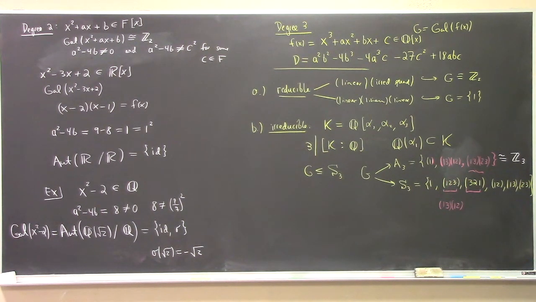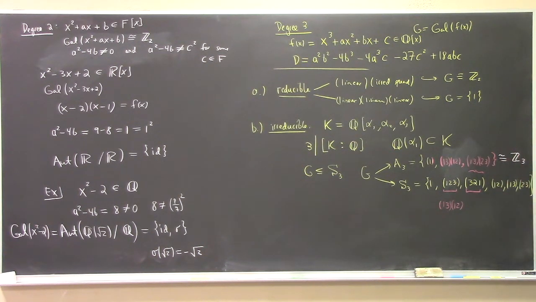In Z3, 0, 1, 2, and these have order 3. If you compose them with themselves, you have to do it 3 times to get back to the identity. If you compose this with itself twice, I believe you get to here. I want to say 1, 2, 3 times 1, 2, 3 is 3, 2, 1, must be.